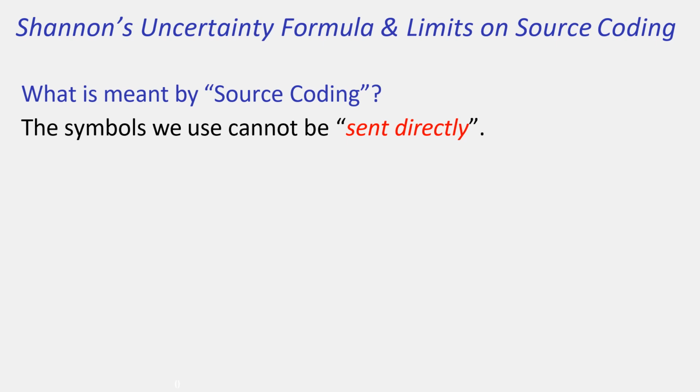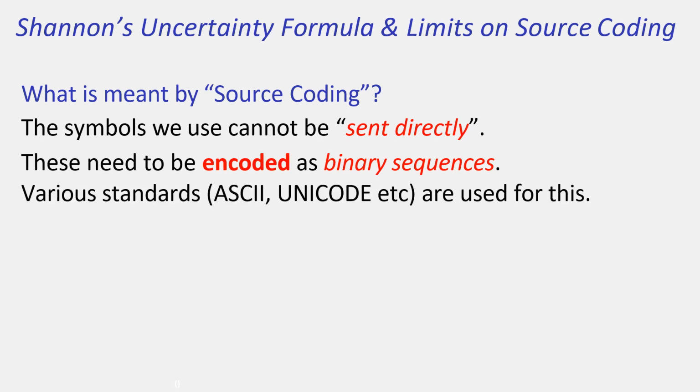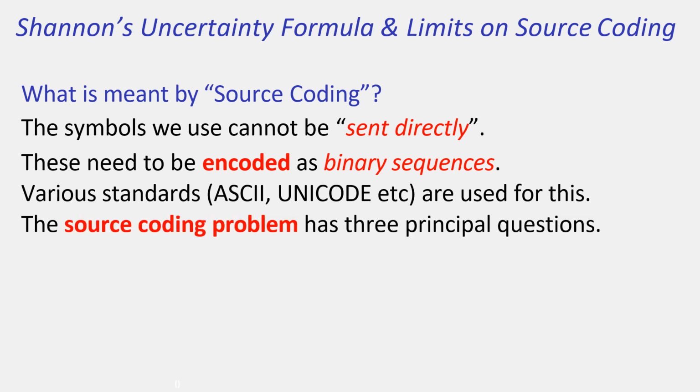We cannot send the letter A. We cannot send the letter E. We have to encode characters as binary sequences. There are a number of standards for that, which you'll have met already, such as ASCII and Unicode. These are conventions for representing characters as particular binary sequences.